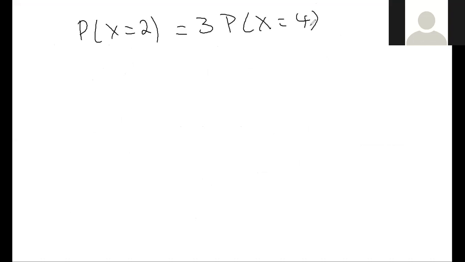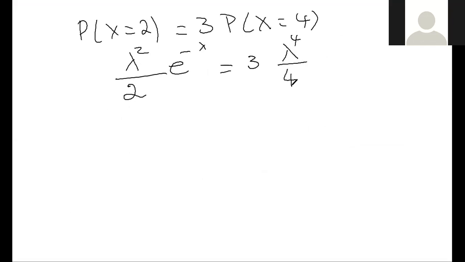Essentially, what you are asked is to solve P of x equals 2 is equal to 3 P of x equals 4. That is lambda squared over 2 e to the minus lambda equals 3 lambda to the 4 over 4 factorial e to the minus lambda.